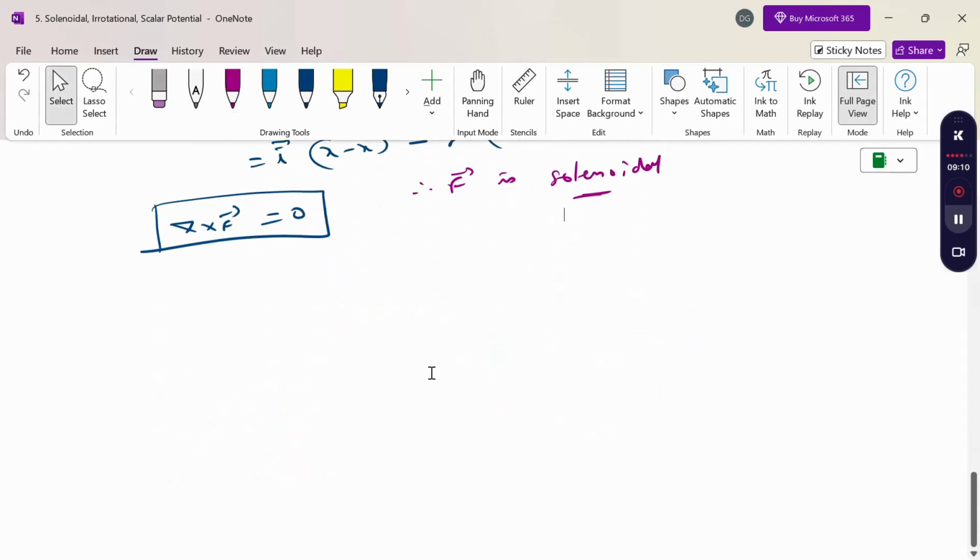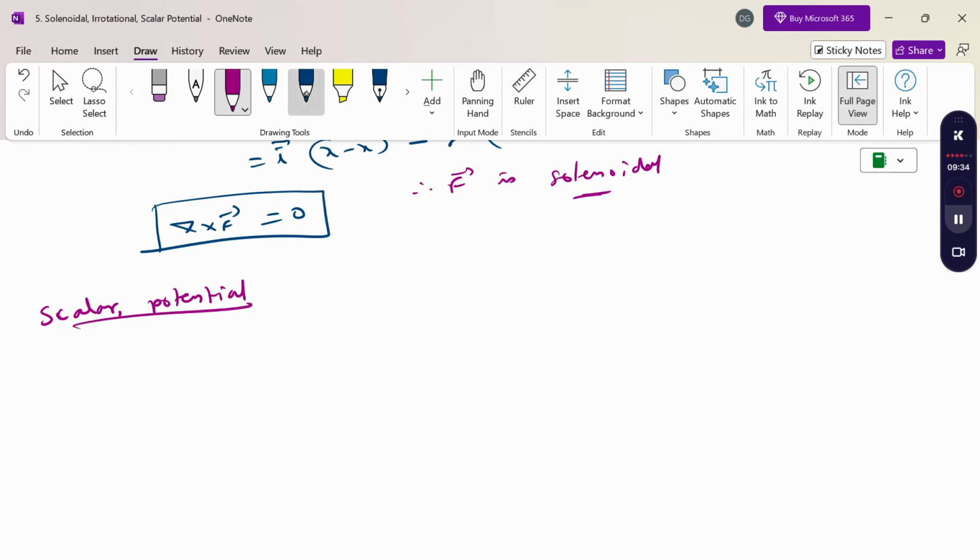And then to prove the scalar potential, find the value of the scalar potential. Del phi is nothing but the scalar potential. So the scalar potential del phi equals f vector.